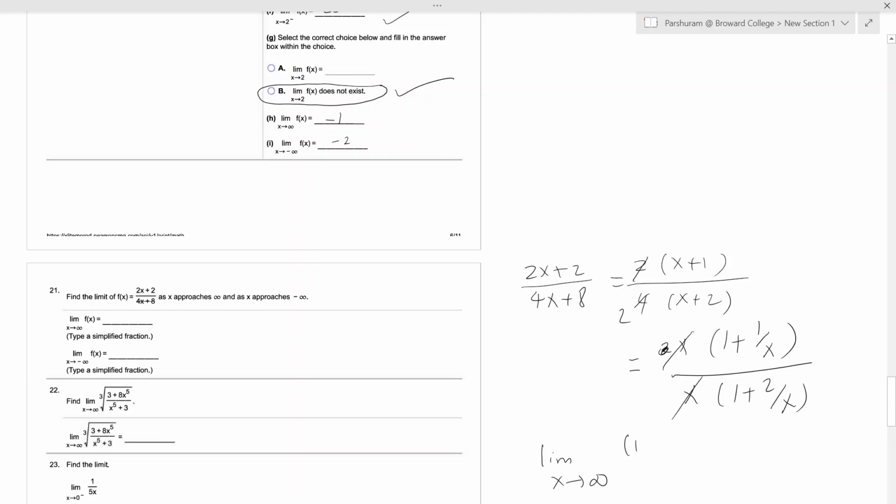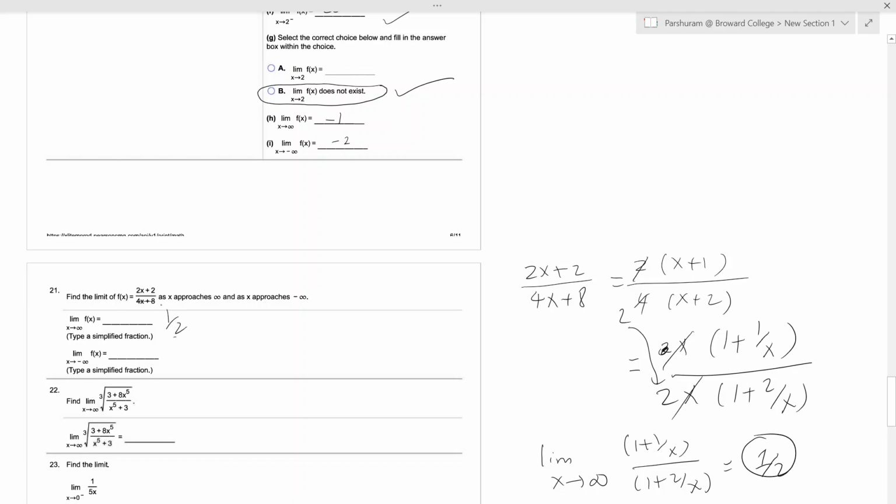So it will be just 1 over 1. It will be 1. Okay, I missed 2 here because there is a 2. So it should be 1 over 2. So the answer is 1 over 2.